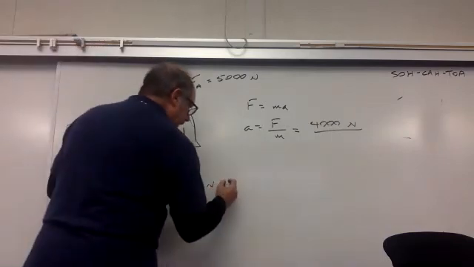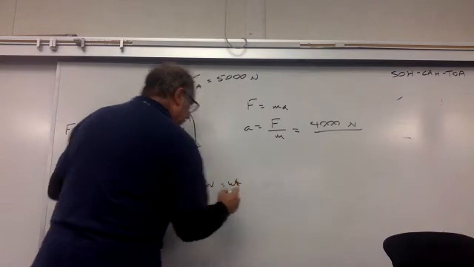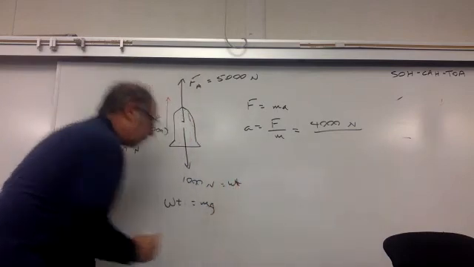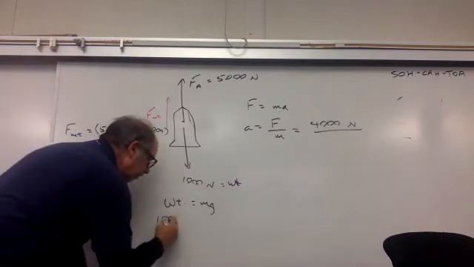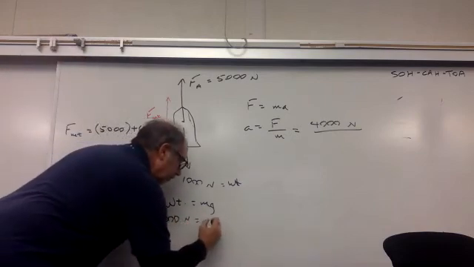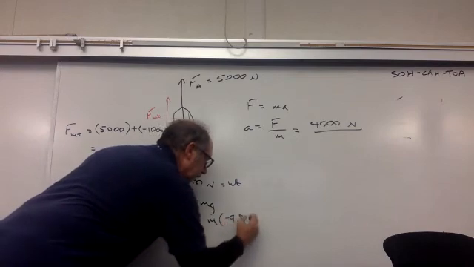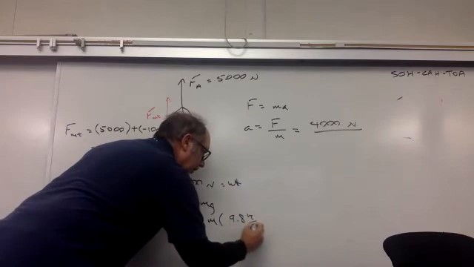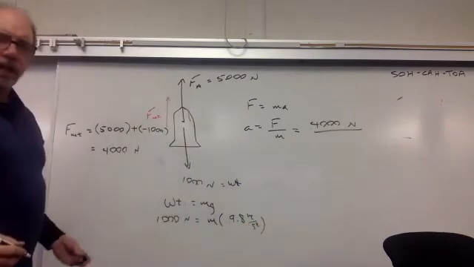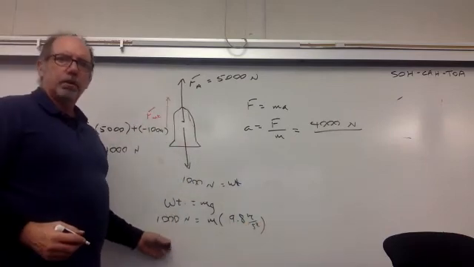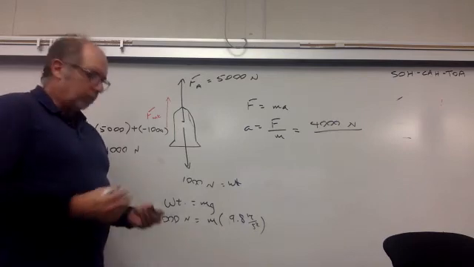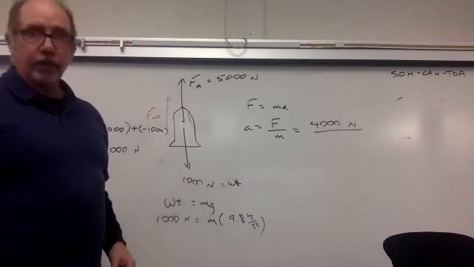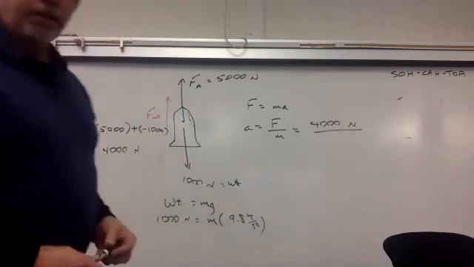So if I wanted to find the mass of the rocket, I'd have to do more work still. 1,000 newtons is equal to mass times 9.8. That's going to be on the order of 100 something kilograms, right? But I don't have to for the purposes of this question. I already know that it's false.